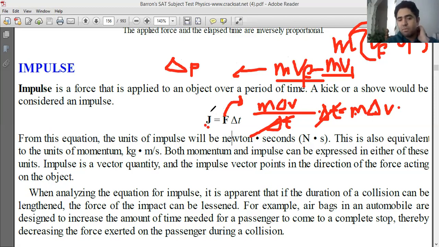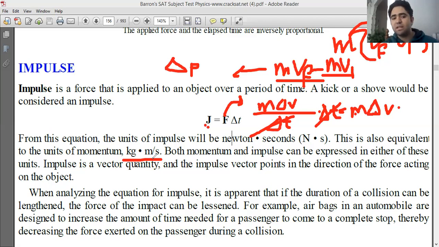And so what people may do is confuse them. They look at impulse and they say, oh, kilogram meter per second. They look at momentum, oh, kilogram meter per second. And they say they're the same thing. Wrong. Impulse is change in momentum. It is not momentum in itself.